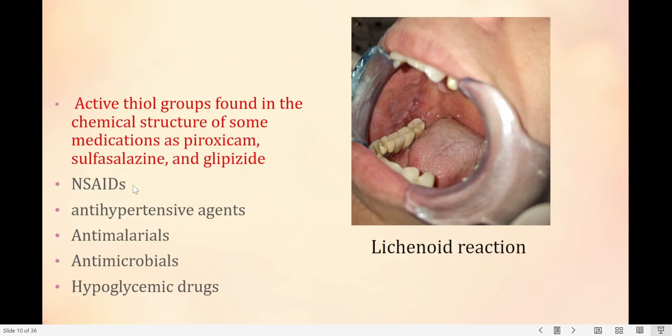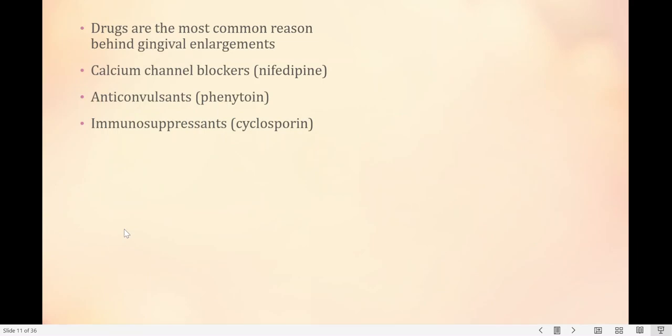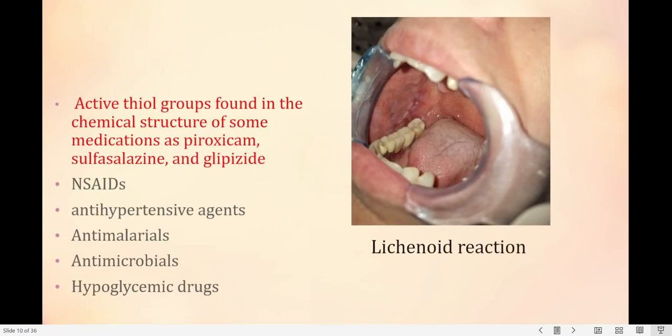Some of the most commonly implicated drugs in lichenoid reactions include NSAIDs, antihypertensive agents, antimalarials, antimicrobials, and also hypoglycemic drugs. So the lichenoid reaction is seen here as whitish striations associated with red erosive areas.